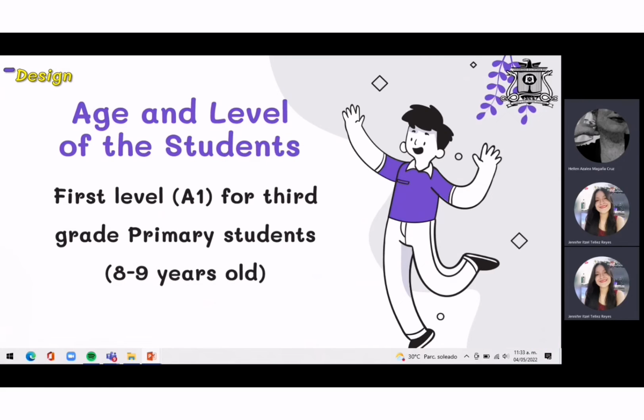The age and level of the students for this class is the first level, for third grade primary students.